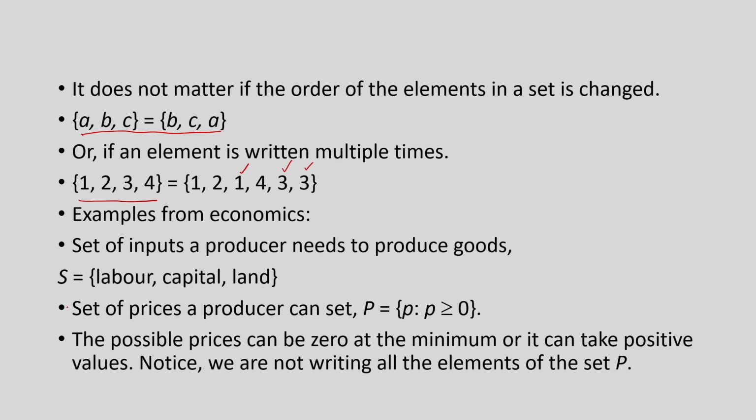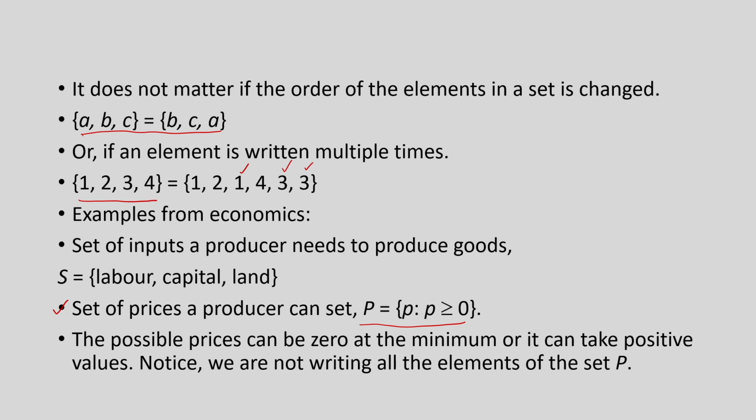Another slightly different kind of example is the set of prices a producer can set. All possible prices a producer can set. What does a producer do? A producer produces goods and sells the goods in the market. Now, this capital P is the set of prices, and look how I am writing this. Capital P is equal to small p such that p is greater than or equal to 0.